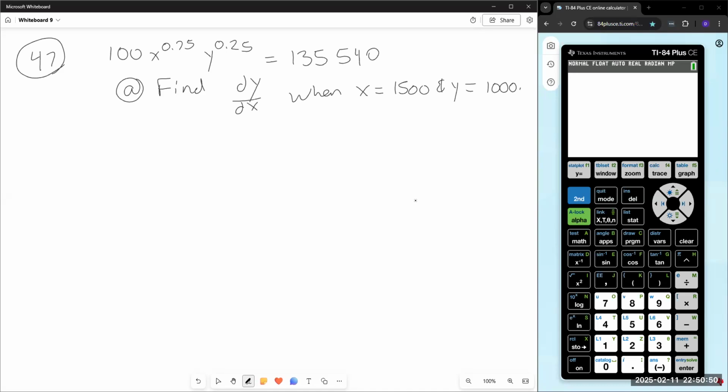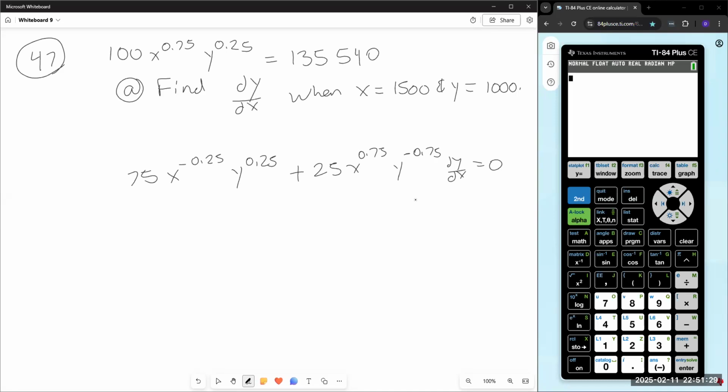So we have, differentiate the first part. It's going to be 75x to the negative 0.25, y to the 0.25, plus 25x to the 0.75, y to the negative 0.75, dy/dx is equal to 0.